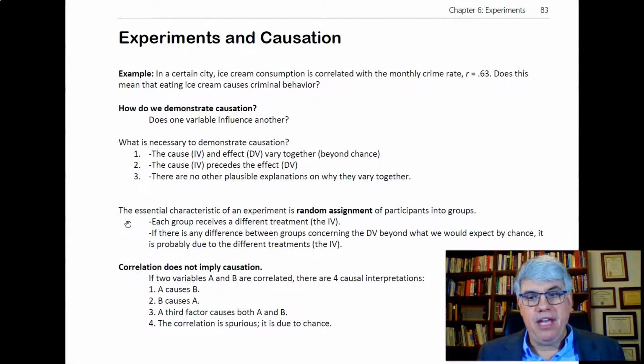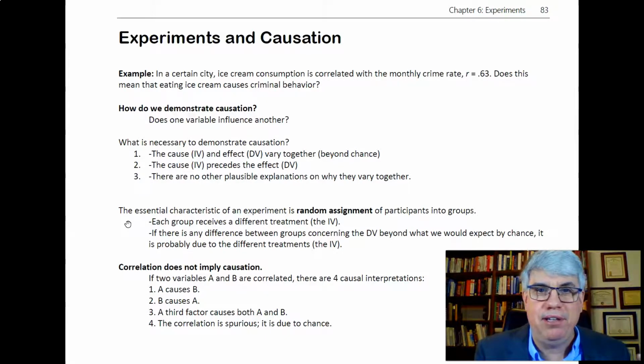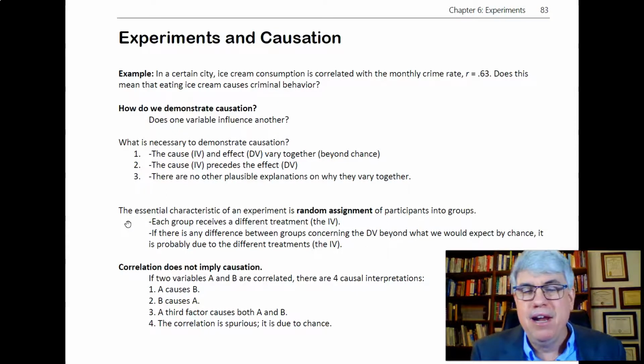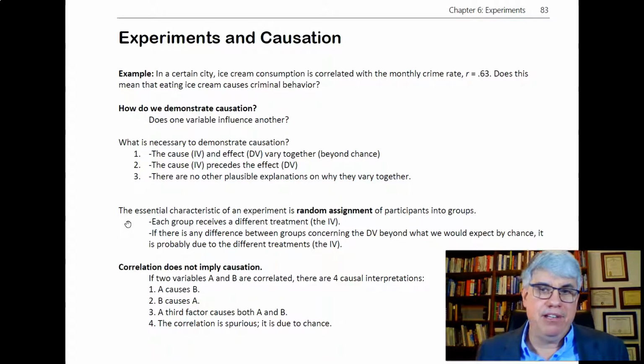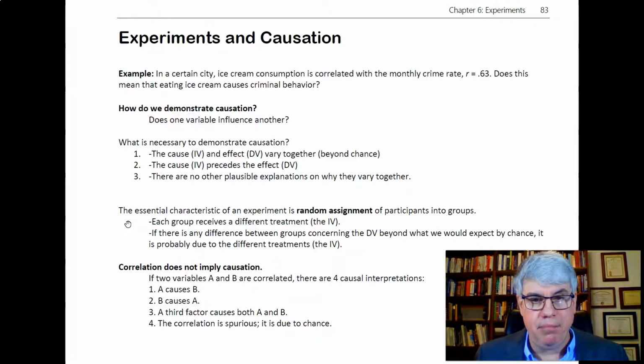Now I say it's probably due to it because there might be some confounding variables that we didn't see, like maybe when they were eating ice cream, they got exposed to some violent message on the ice cream container, and it was really the reading of the ice cream container. There's always a possibility that we have these things that will mess up the experiment, and we have to be really careful in our experimental design.